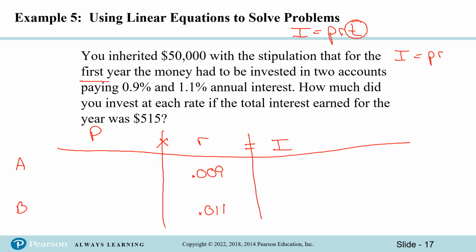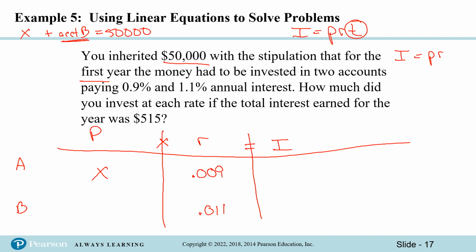Now, they told us that altogether you inherited $50,000. So just pick one to call X. Doesn't really matter. To find the other one, be really careful. What happens is you have X plus your account B, and that is equal to the 50,000 total.